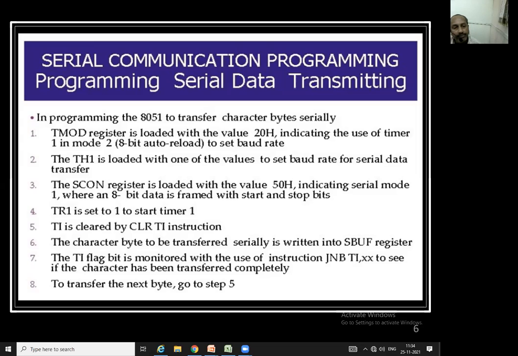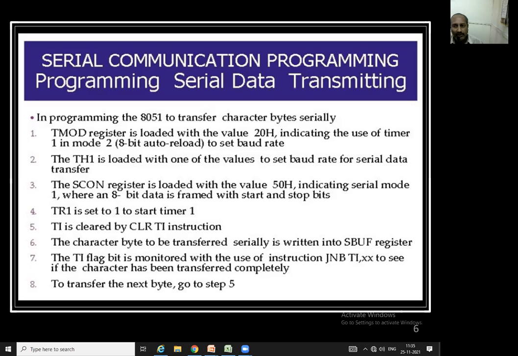Step by step it is explained in this slide. What is the first step? The TMOD register is loaded with 20H. Why we do this, we will see, but right now these are the steps. First, set the TMOD register. Second step: TH1, the timer 1 higher byte, is loaded with a value to set the baud rate.